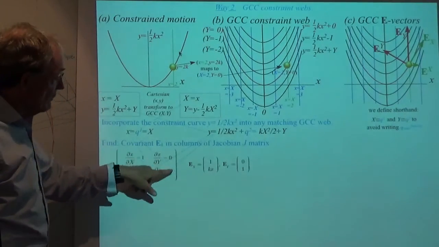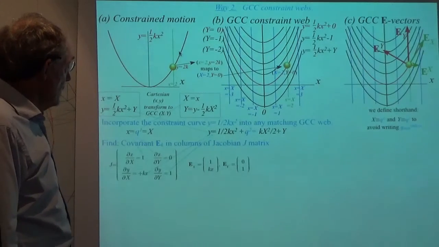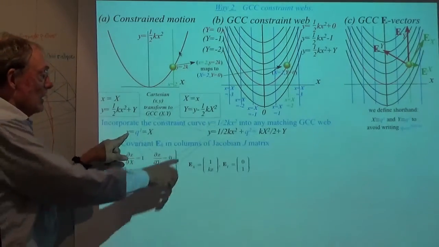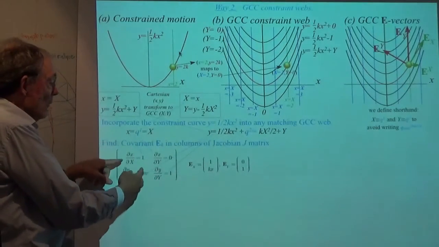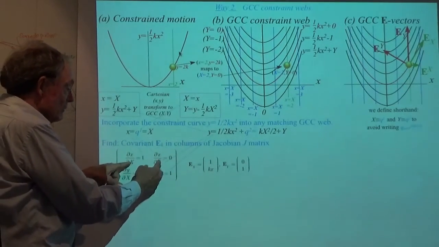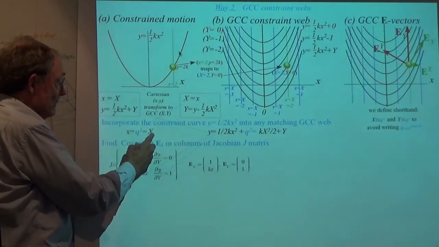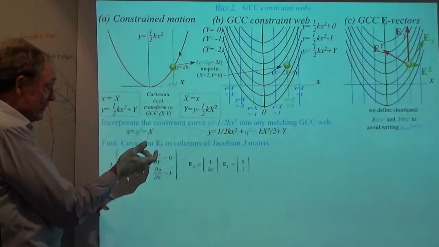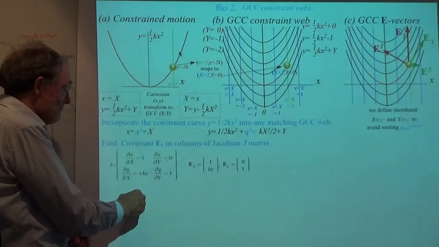That means we calculate the Jacobian matrix, the partial derivative of our Cartesian coordinates in which this problem is embedded, with respect to the GCC that we've chosen here, namely this one just equal to x, so that's very simple. You get a 1 there and a 0 there.